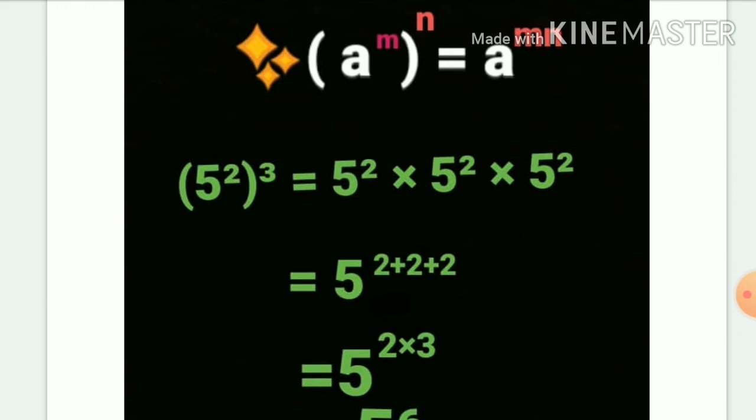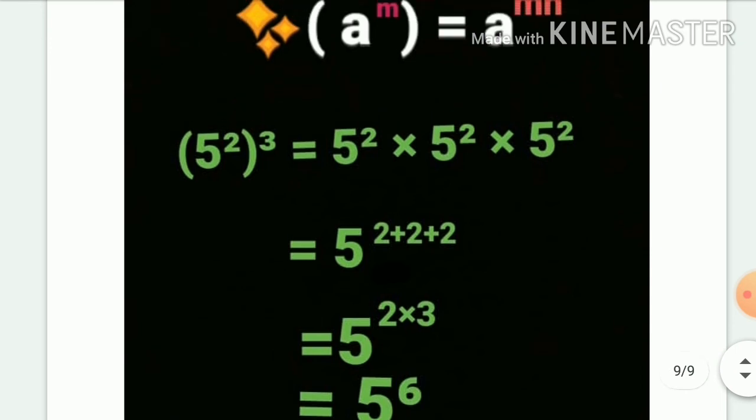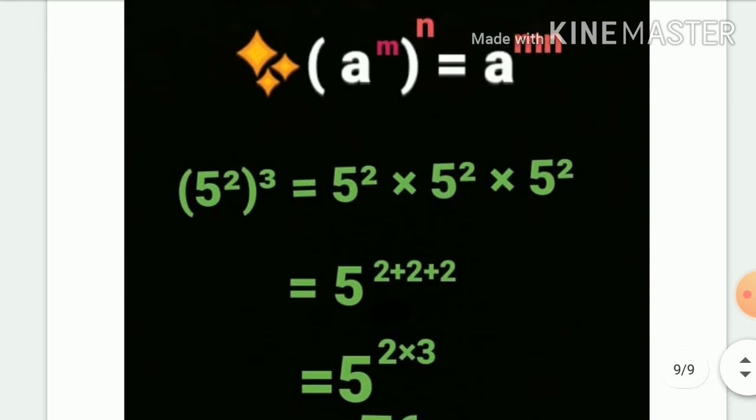Okay, see, for example, let us see with numbers so that we are more clear. (5^2)^3. Now how to solve this?